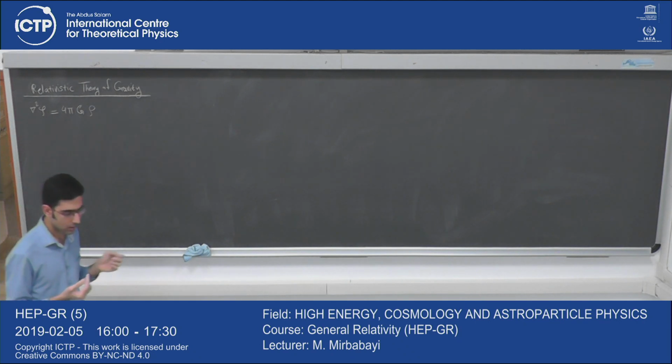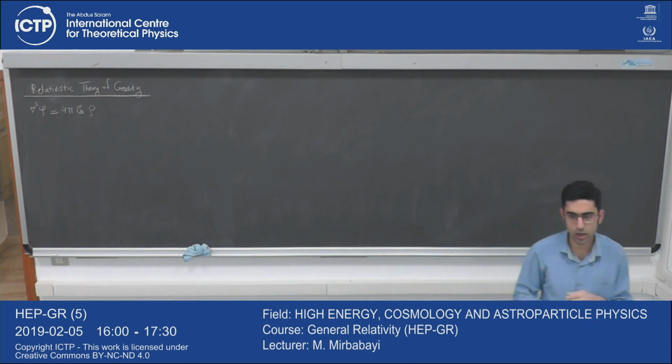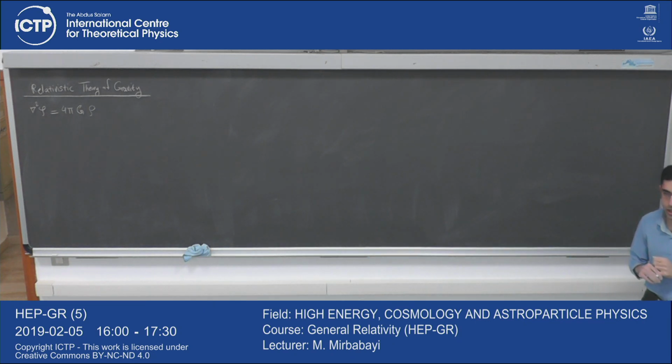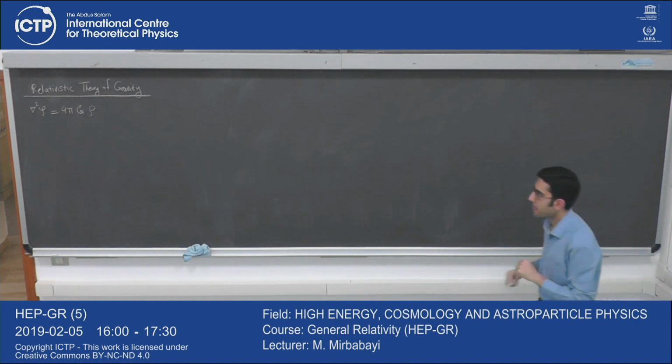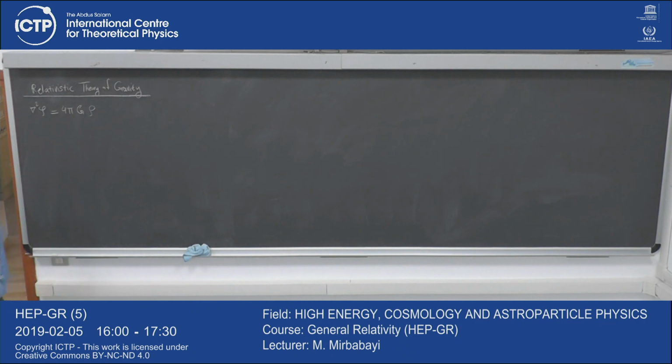And then the question would be, what should we choose? What kind of particle would do the job? And of course, the easiest candidate to consider is a scalar particle, a spin zero particle.